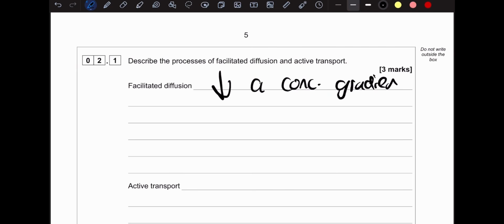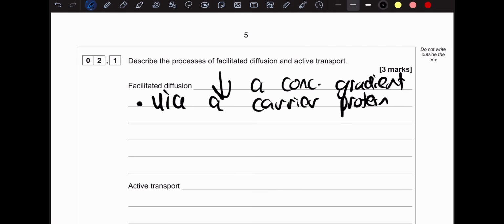But the key difference between facilitated and passive is the idea that facilitated is via a carrier protein. It's actually a carrier or channel protein. That's all it is. It's quite a simple thing.